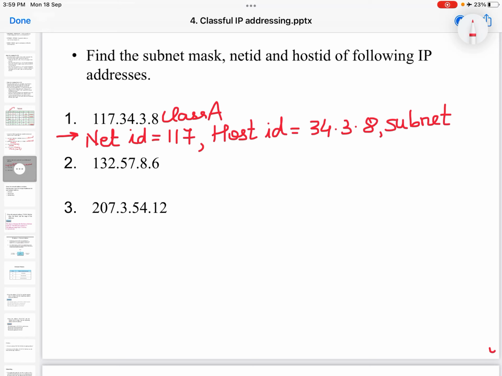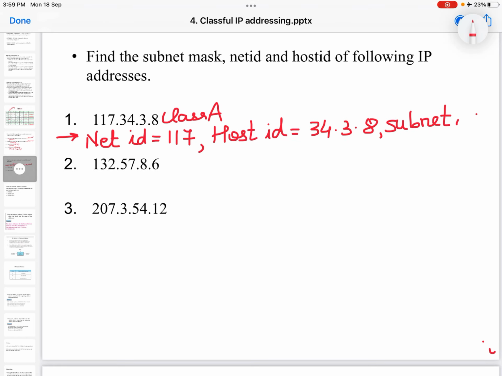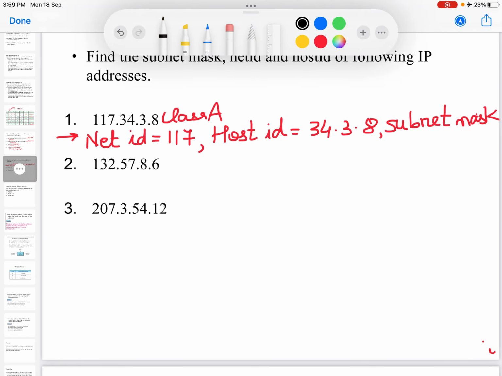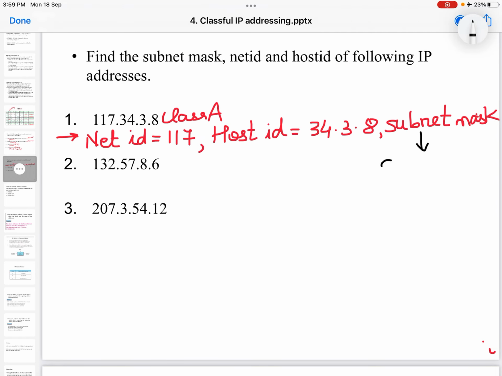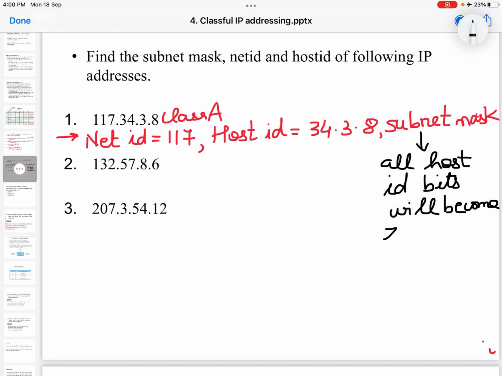And subnet mask. How to calculate the subnet mask? The rule is that all host ID bits will become 0 and net ID bits will be 1.